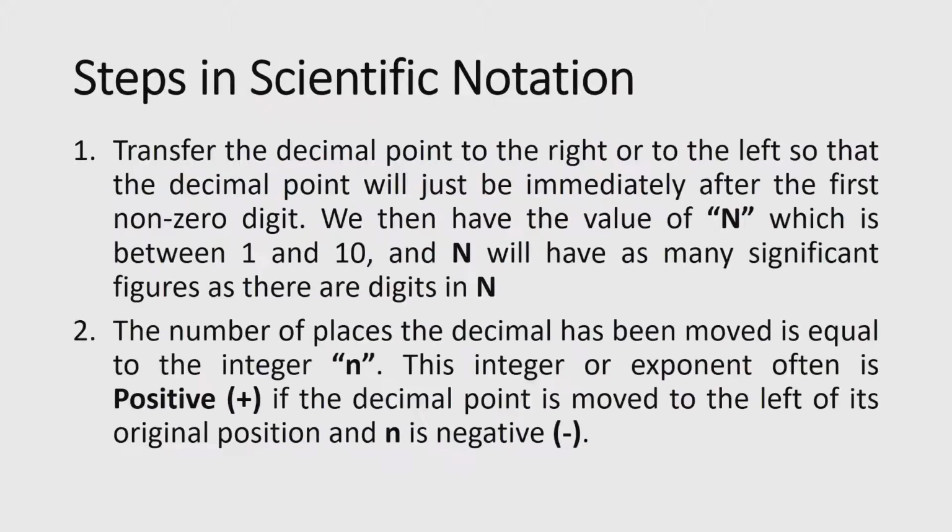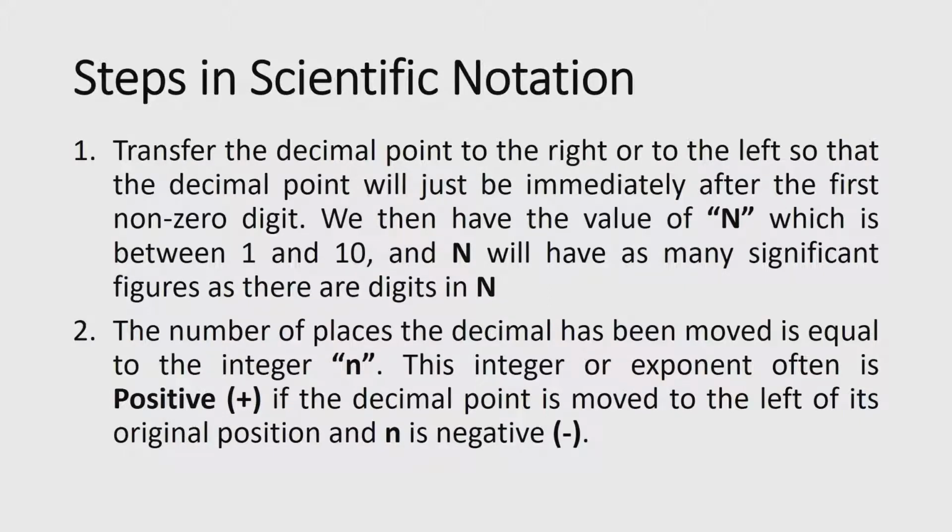Okay. What are the steps in scientific notation? For number 1, transfer the decimal point to the right or to the left so that the decimal point will just be immediately after the first non-zero digit. We then have the value of n, which is between 1 and 10, and n will have as many significant figures as there are digits in n.